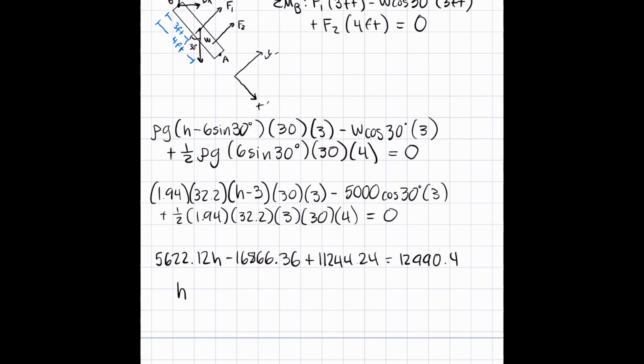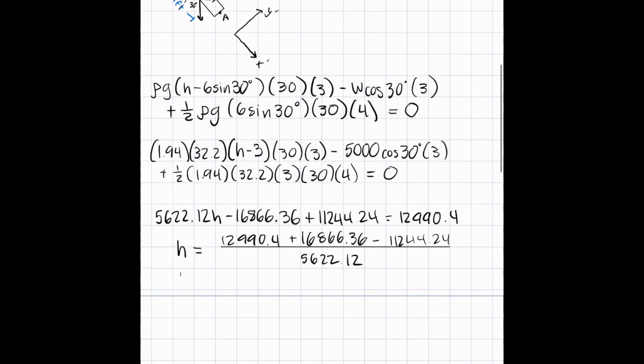You can go ahead and rearrange this to solve for h as the following, and then divided by the constant term in front of h, which is 5622.12. And we're actually going to evaluate that numerically. Get our final answer is h equals 3.31 feet.